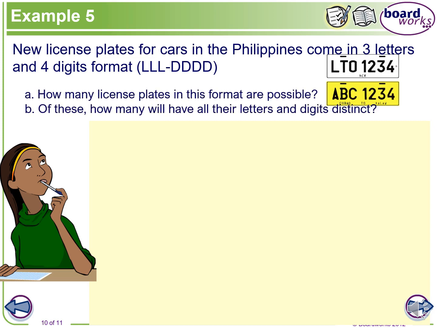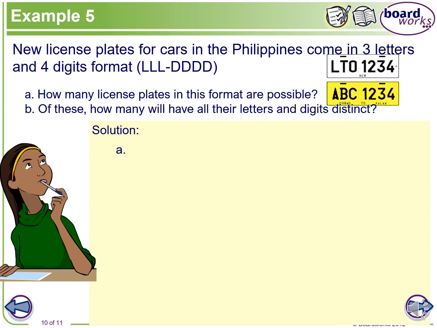So question letter A, how many license plates in this format are possible? And question letter B, of these, how many will have all their letters and digits distinct? Okay, let's solve first letter A. How many license plates in this format are possible?